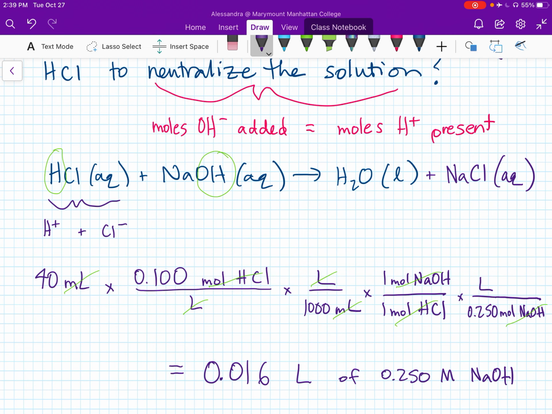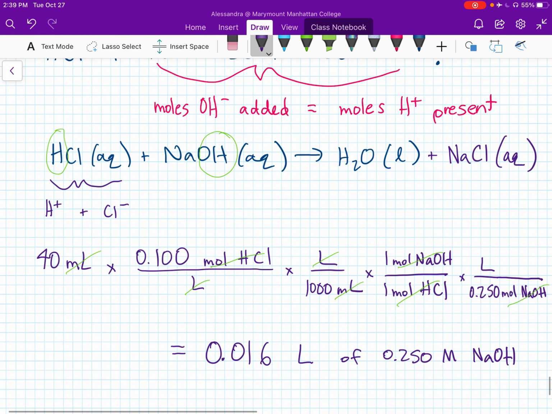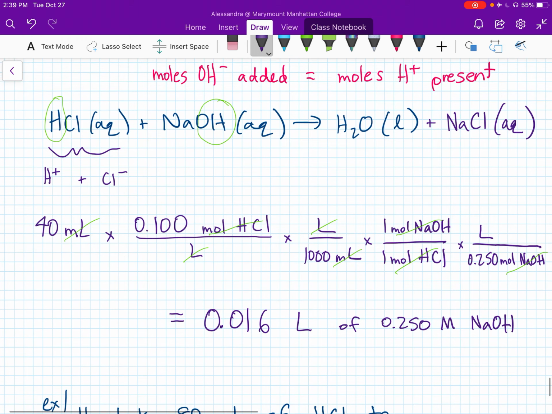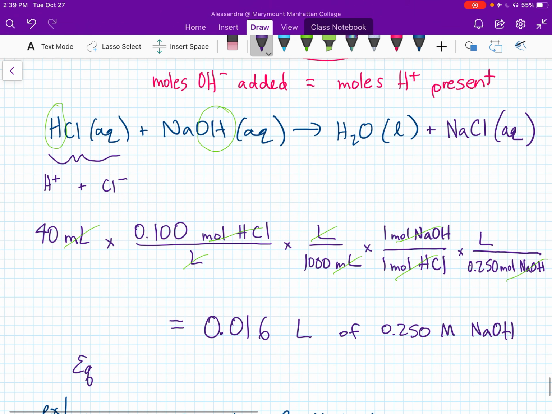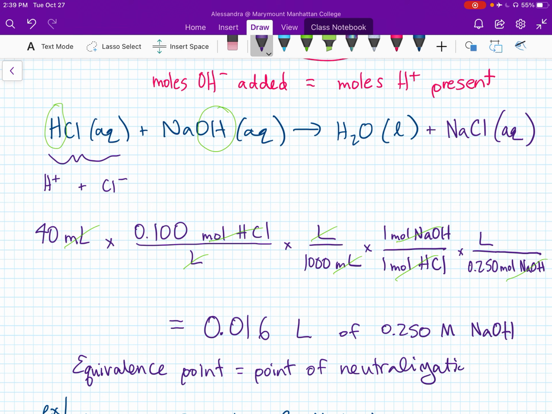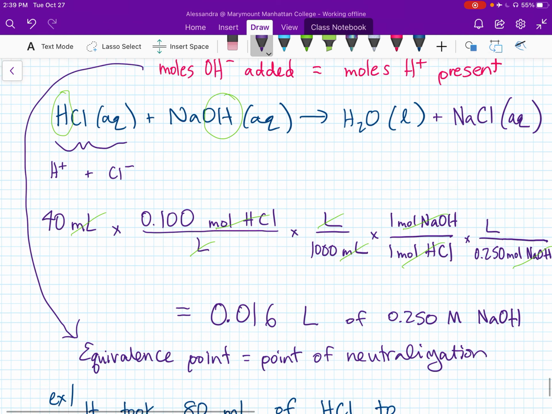Okay, so what we just talked about would be the equivalence point. Equivalence point is synonymous with the point of neutralization, where the moles of OH minus that we added equal the moles of H plus that are present. Okay, so this is also called the equivalence point. All right, let's do another titration.